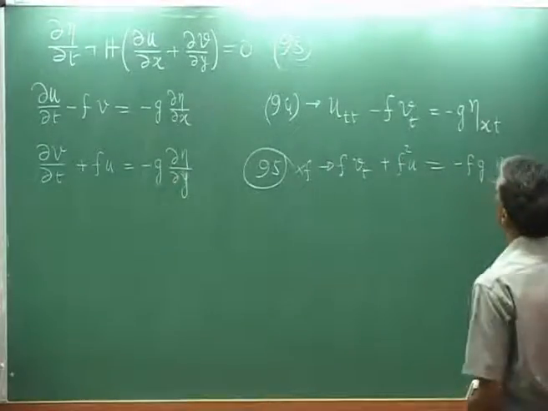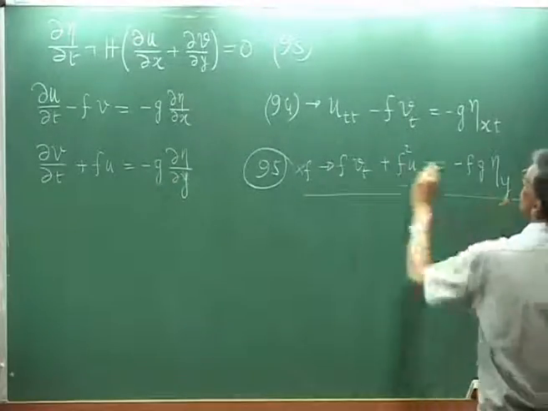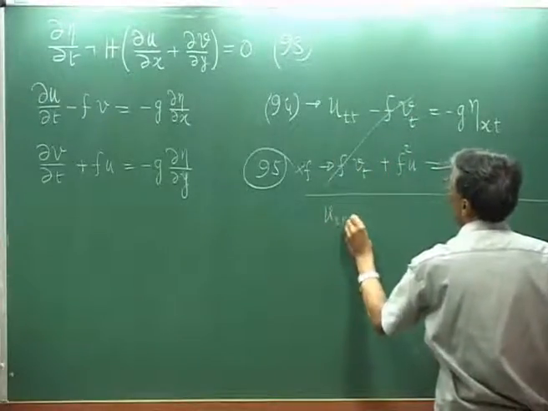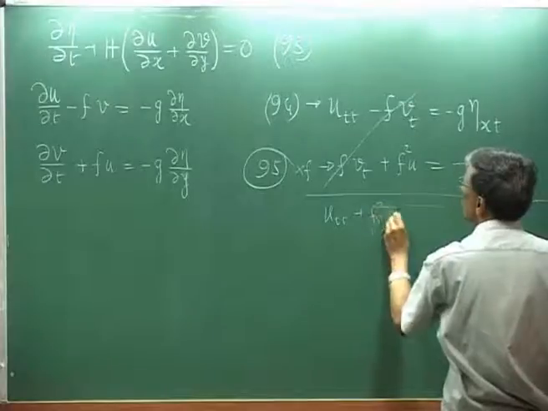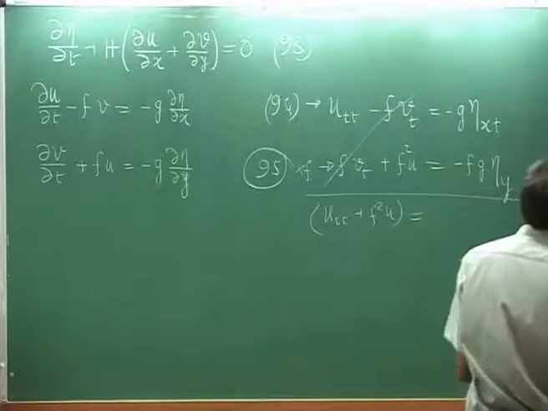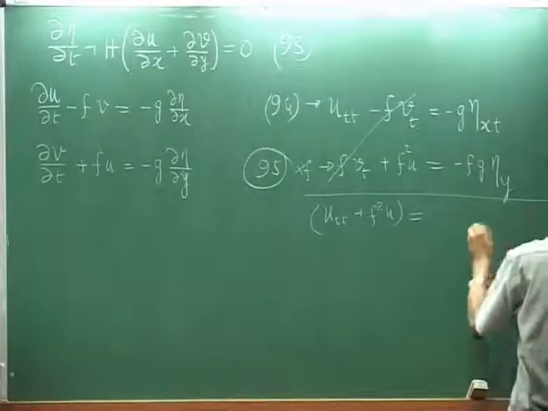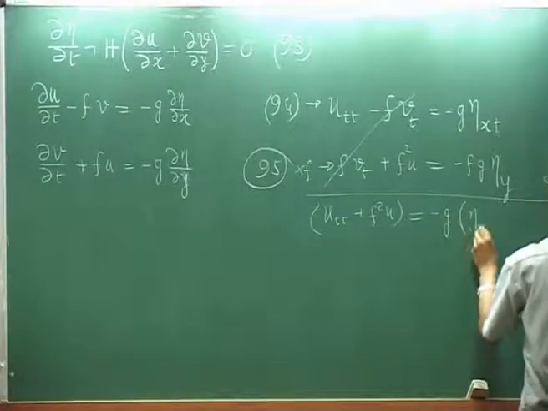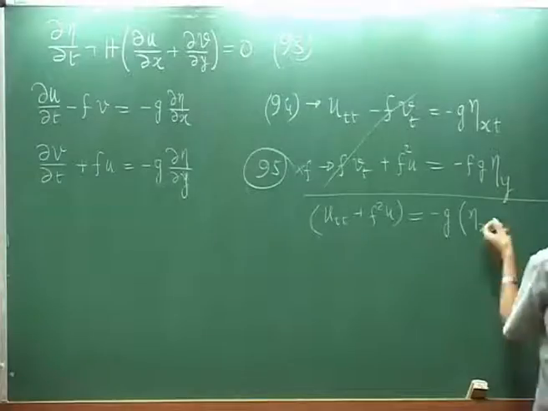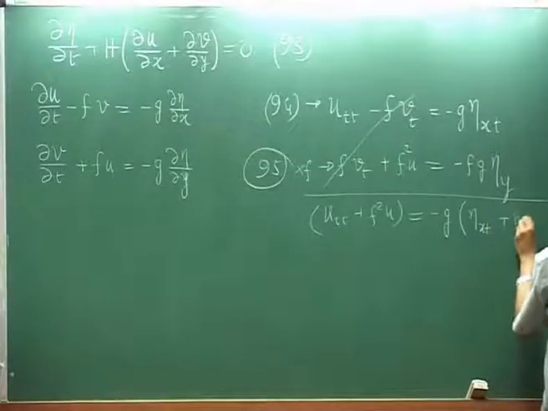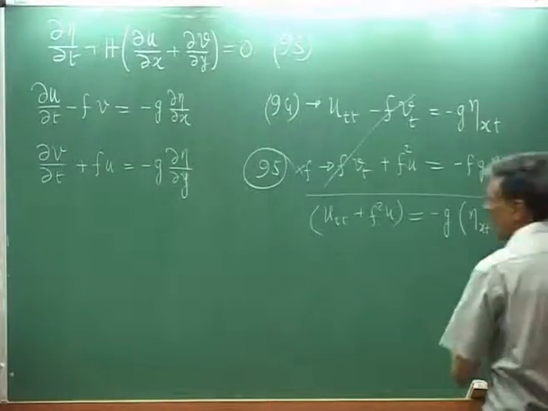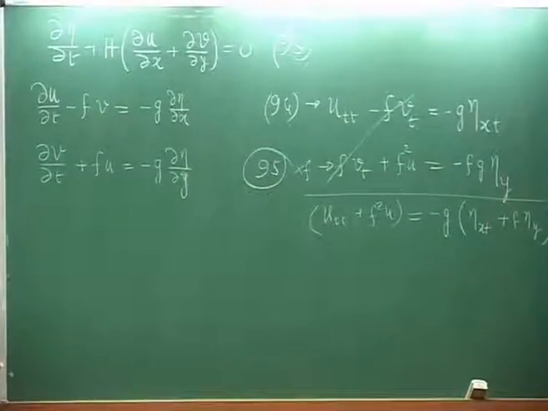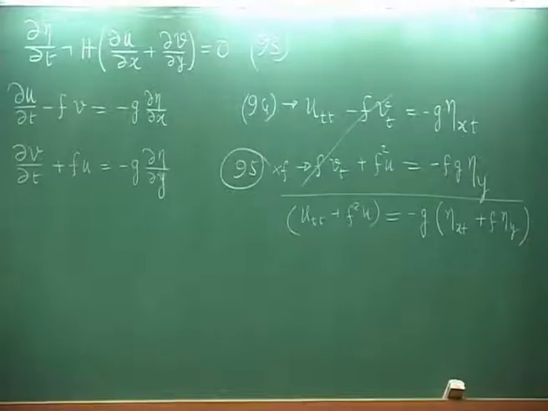Okay. So, if I add this, of course, this cancels out and we are seeing u t t plus f square u, that is there, and on this side we can see that eta x t plus f eta y. That is what we have written as equation 96.